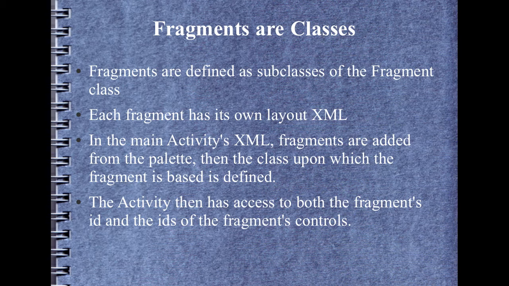You might expect that this ID would be hierarchical, but it's not. Both the fragment and the IDs of the fragment's controls are at the same level in R.java. And this gives us a very neat way to control both the fragments and the subcontrols within the fragment's view.